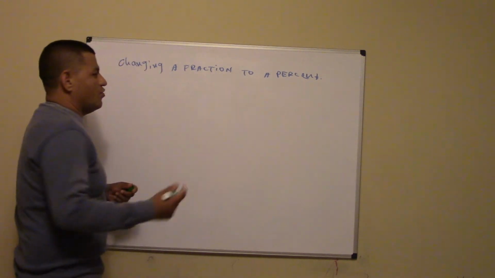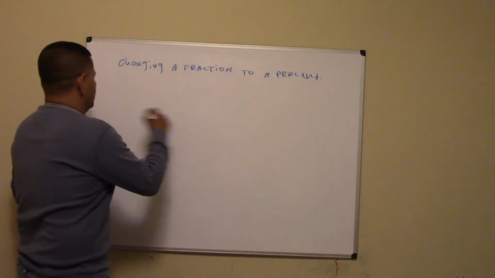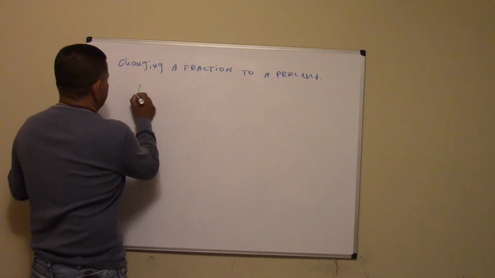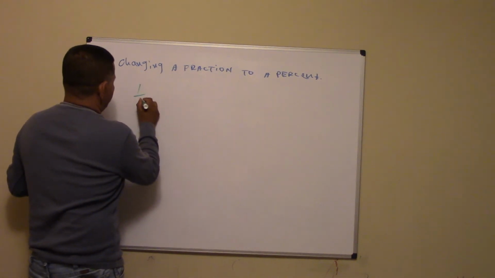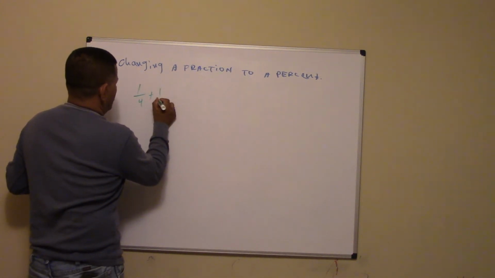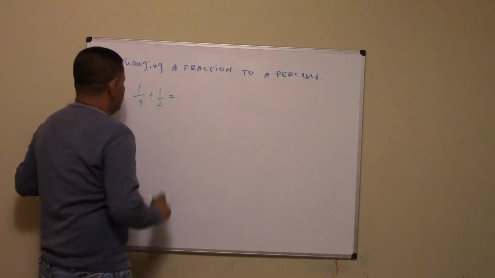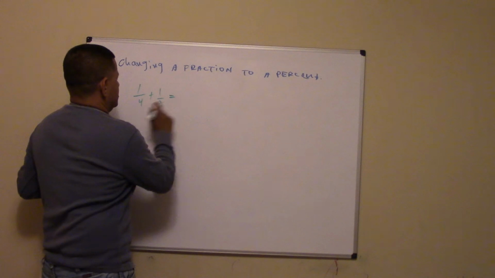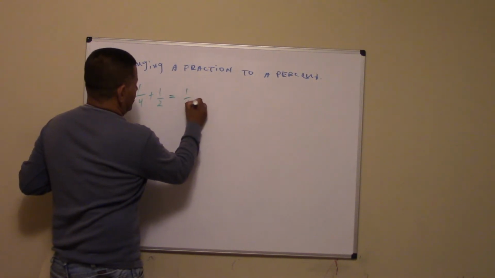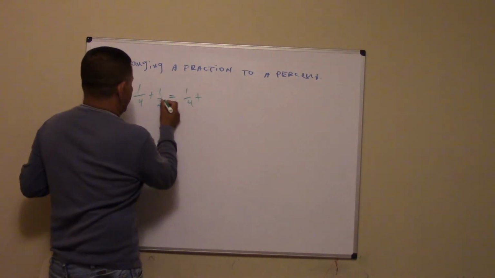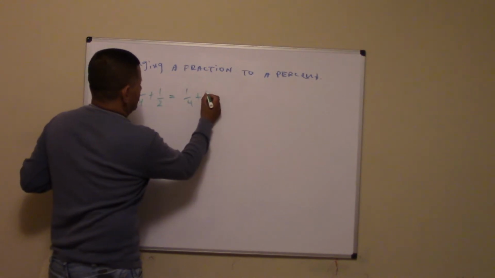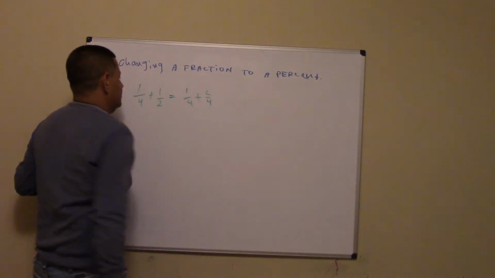Okay, and let's say that when you add or subtract some number, for example, 1/4 plus 1/2, right? When you add the fractions, you find the common denominator, which is going to be 2/4, right?